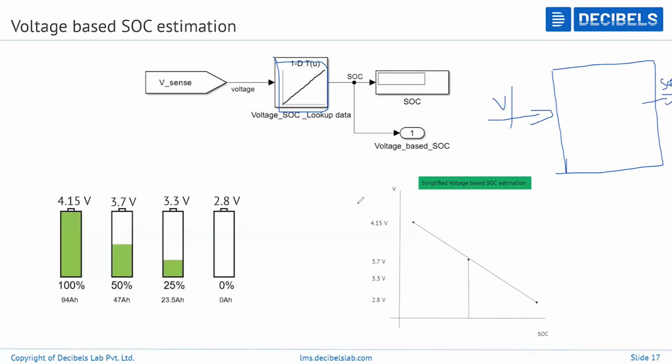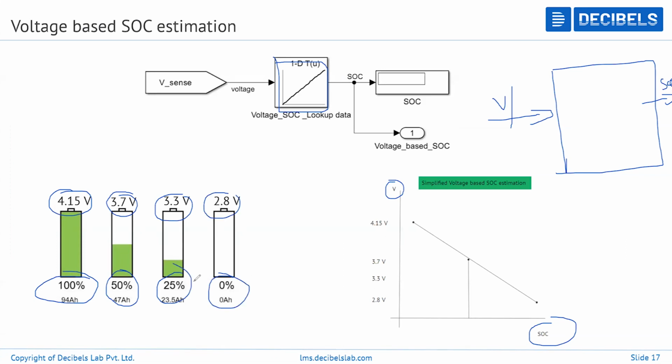So you are measuring your SOC value completely based on the voltage data of your battery. Let's say 4.15 is your 100%, I'm just assuming, 3.7 is like 50%, 3.3 is like 25%, 2.8 is your 0%.